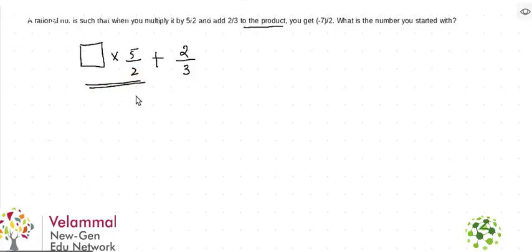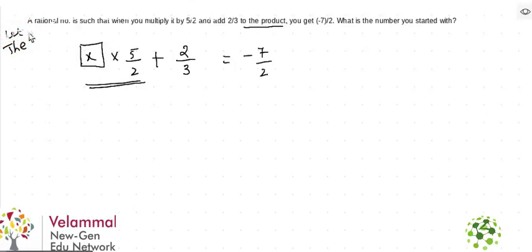When you multiply two numbers, the answer you get is called the product. And when you do this calculation, your answer is negative 7 by 2. So you are asked to find out what number you started with. So I take the starting number as x. How will you start the question?